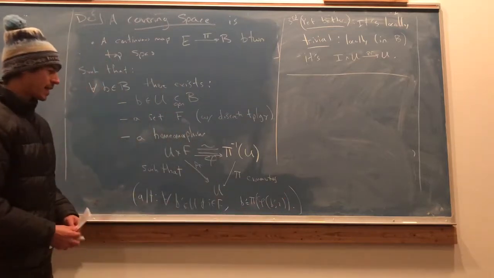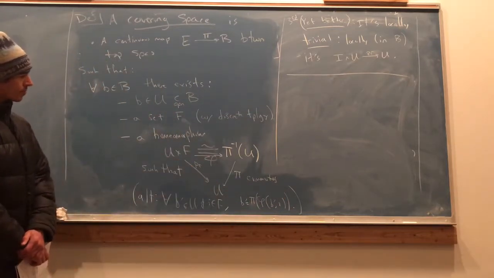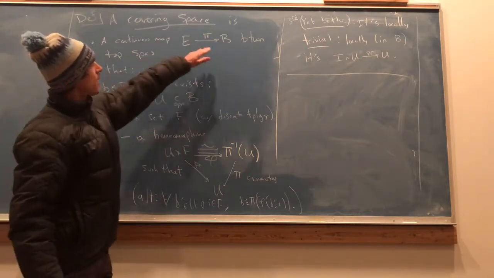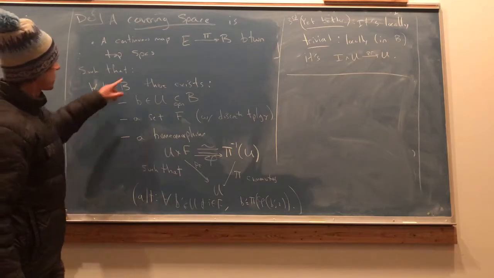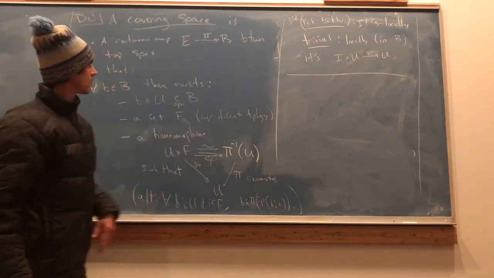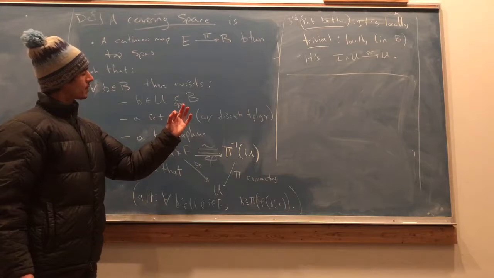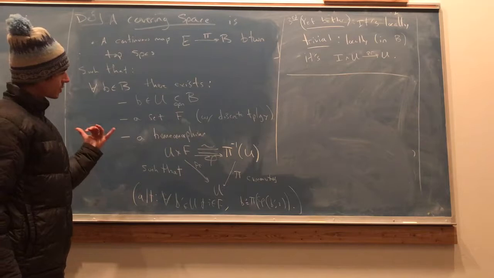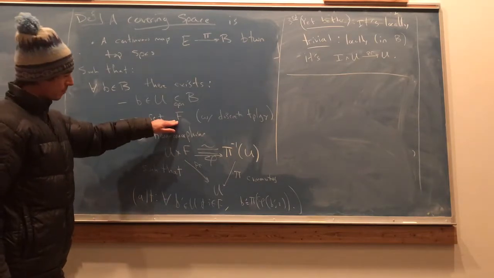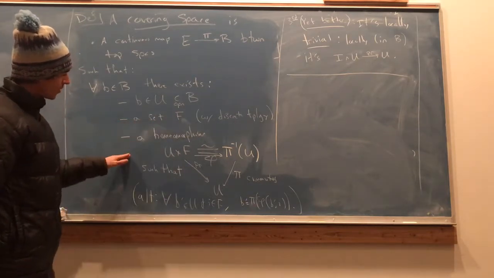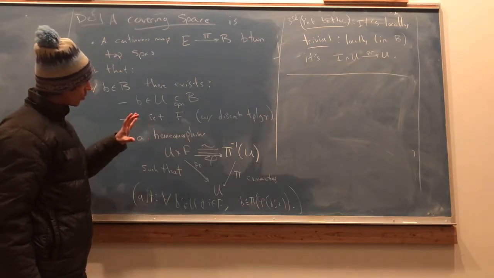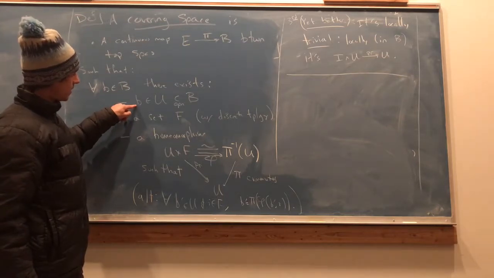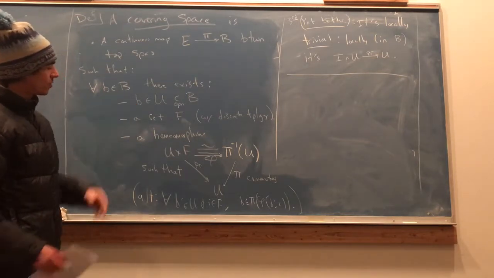That's an alternative way of saying that this diagram commutes. So that's the definition of a covering space. It's a continuous map such that for every point in the codomain, there's a little neighborhood about that point whose preimage is not just a discrete topological space, in this case being abstracted as F, but also it is that space locally. It depends sort of constantly on the point in the base, in the codomain.